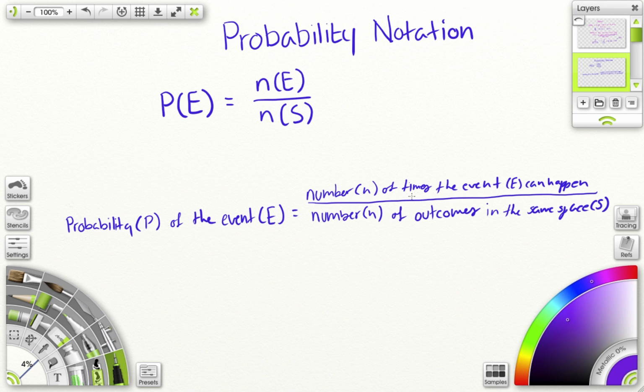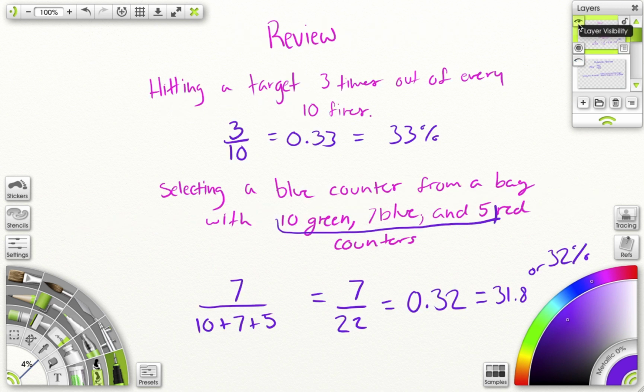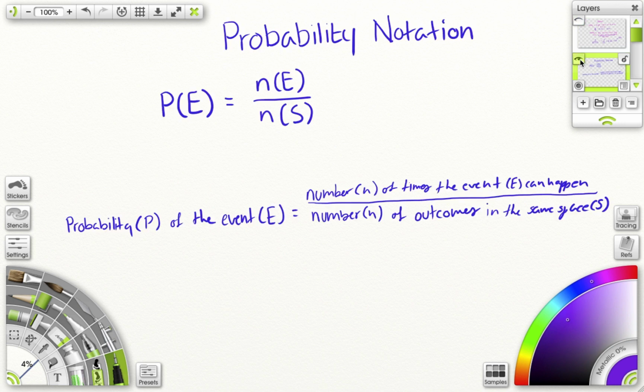What this means in everyday language is this first part here is the probability of that event, whatever the probability is. So I can use the target example, the probability of hitting the target 3 times out of every 10 fires. That's what that first part means. The second part is the number of times the event can happen.